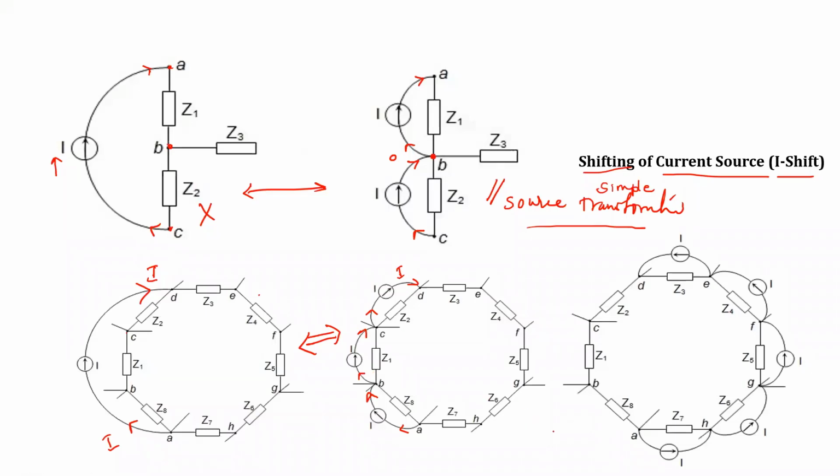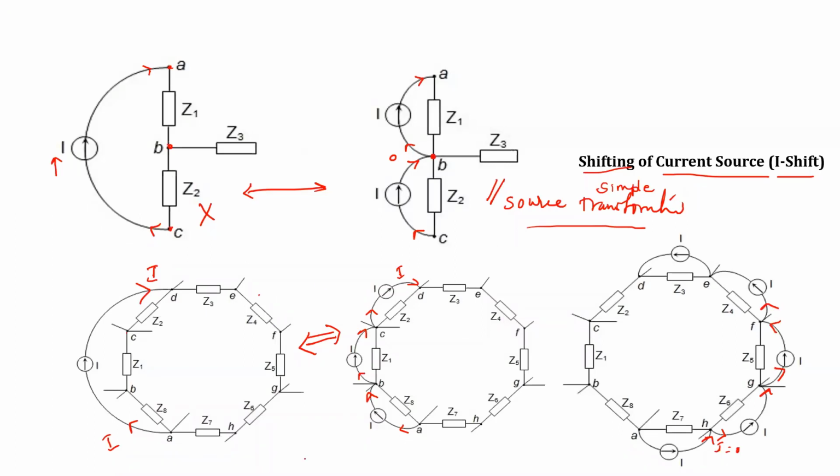It is satisfying: the I current is leaving the node A and I current is entering the node D. At E, F, G, H, there is no I current. The same thing is happening here. Even though we have used 3 extra current sources, at node H, I current is leaving, I current is entering, so the net I at node H is 0. Same thing is happening here: entering, leaving, entering, leaving.